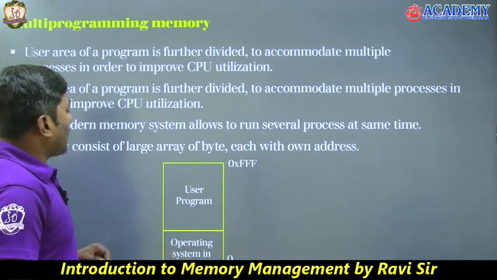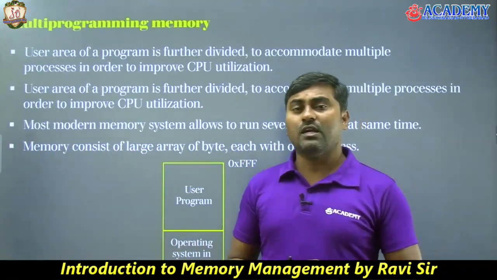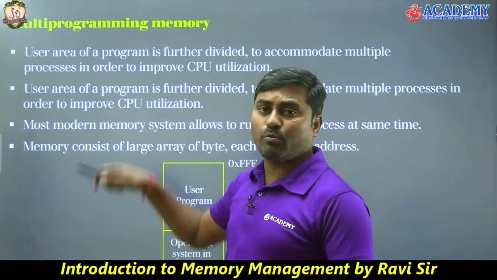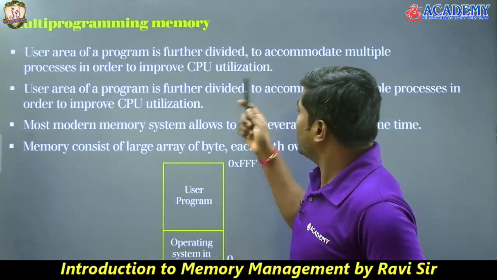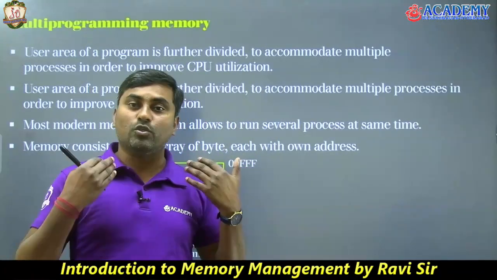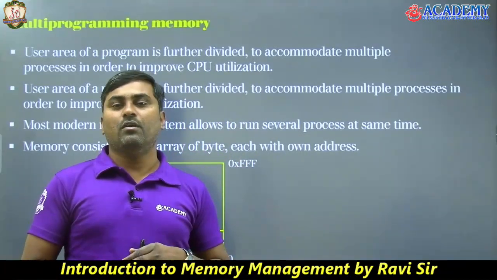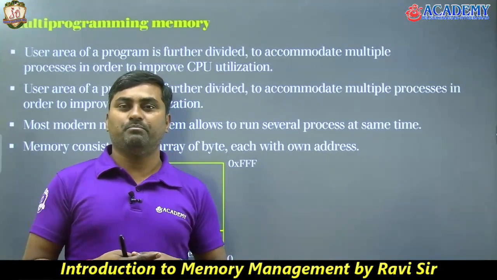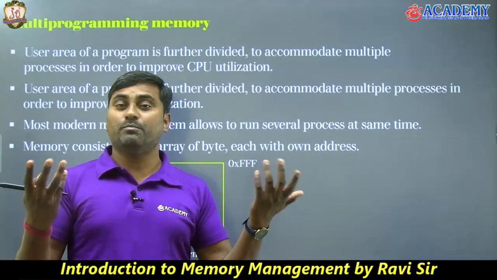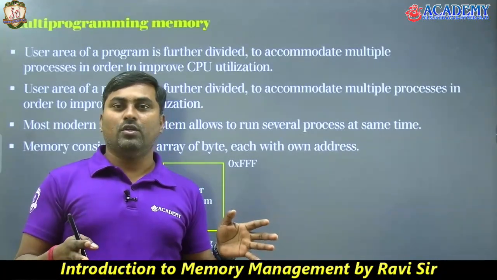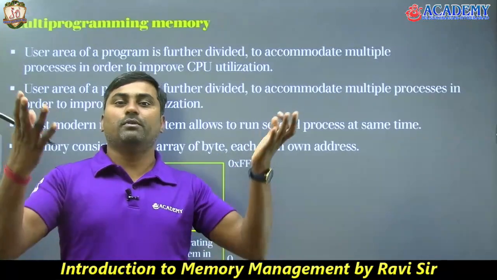Under multi-programming, the user area of the program is further divided to accommodate several processes in order to improve CPU utilization. In the first chapter, when I discussed process management under CPU scheduling algorithms, we discussed that one of the objectives is that CPU utilization should be maximized.